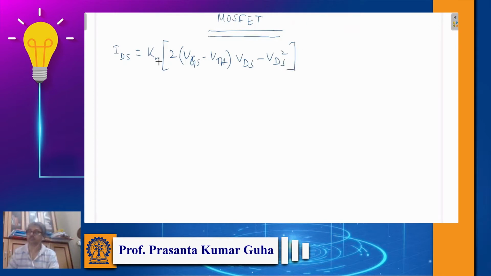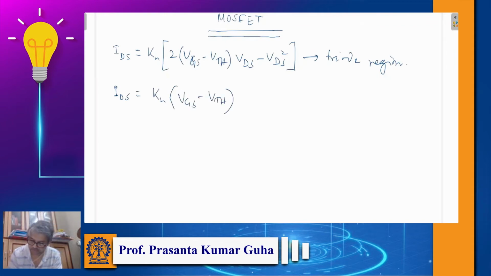This was the current voltage equation at triode region or nonlinear region, also called the non-saturation region, and IDS equal to Kn (VGS minus VTH) whole square.